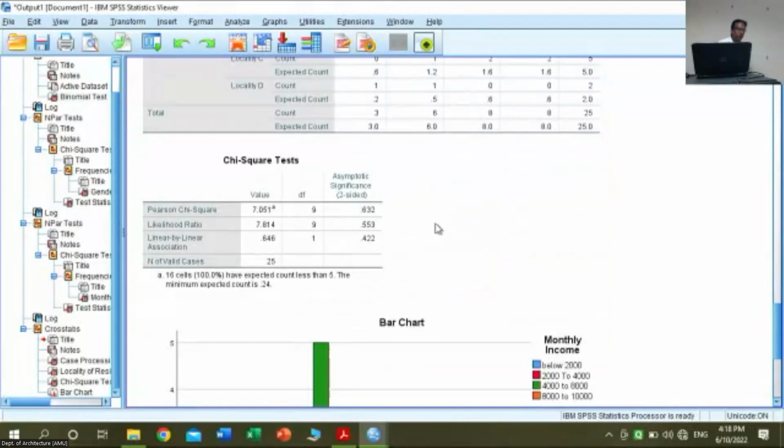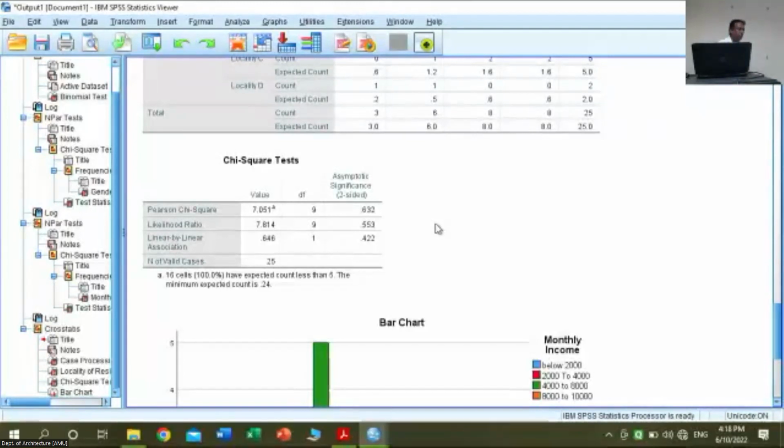That means this p-value is greater than 0.05. So under H0, how will we state our hypothesis in this case? H0 will say there is no association between locality and monthly income, or monthly income does not depend on the locality, or both are independent.